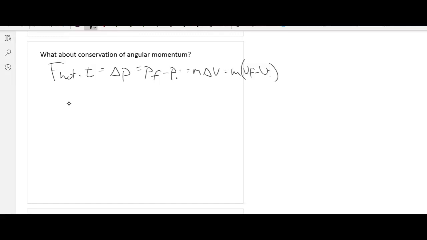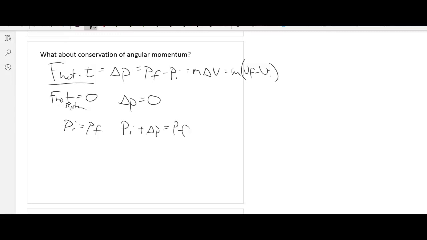So remember that when is linear momentum conserved? That is when F net on a system equals 0. So when our F net on our system equals 0, then our change in linear momentum is 0. So then we said momentum initial equals momentum final. And that was derived from momentum initial plus change in momentum equals momentum final. This is the main one we looked at.